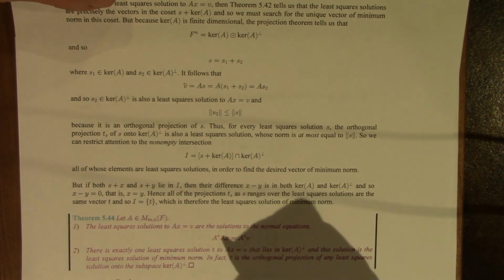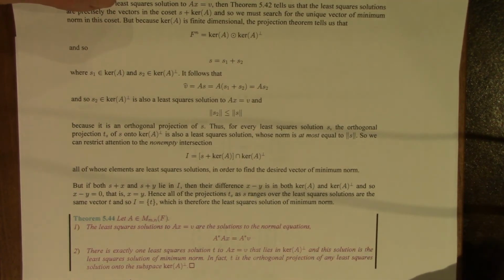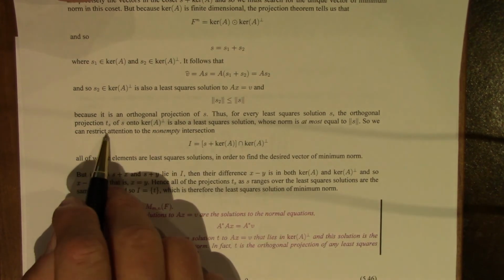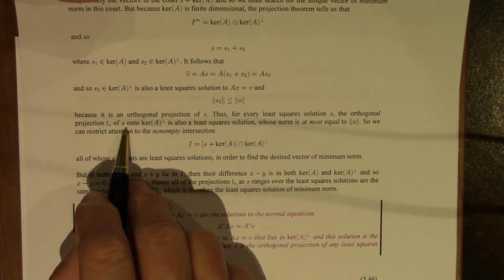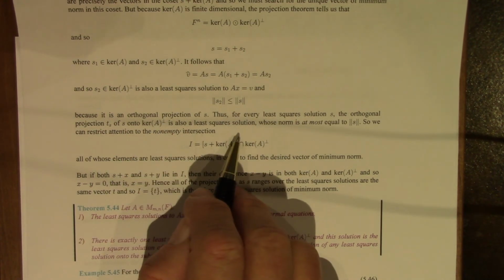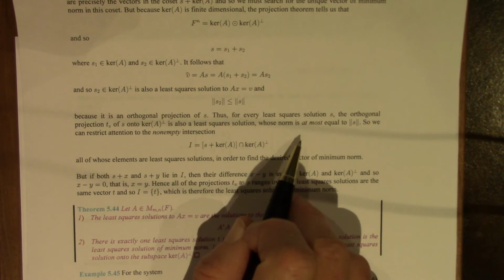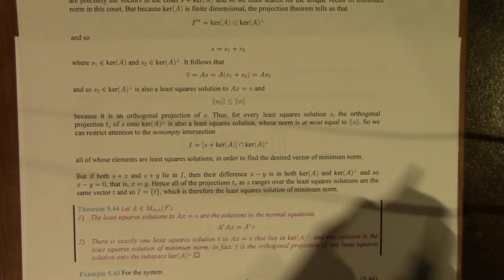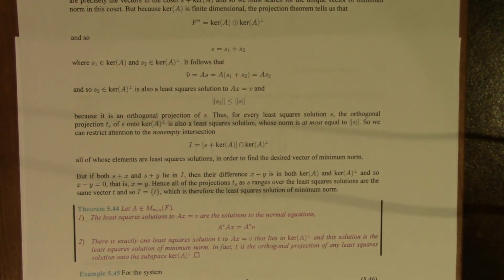So, for every least squares solution S, its orthogonal projection, which I'll call T sub S, onto kernel of A perp is also a least squares solution whose norm is at most the norm of S. So if we're looking for a least squares solution of minimum norm, we can just concentrate on the orthogonal projections of all of the least squares solutions.